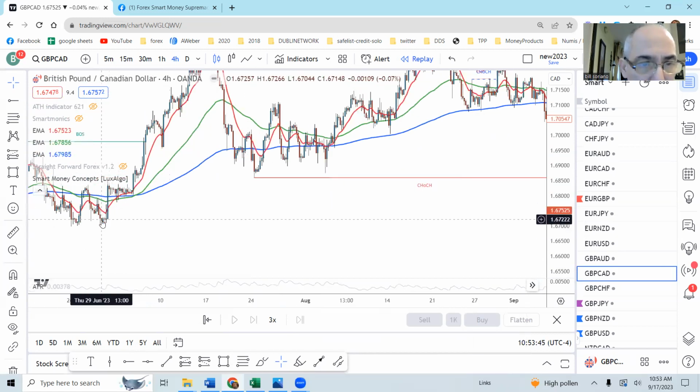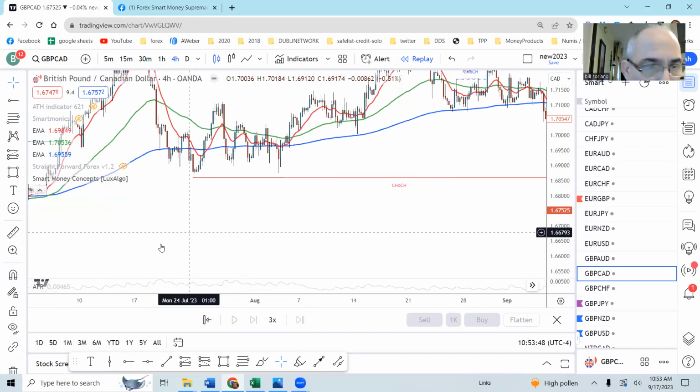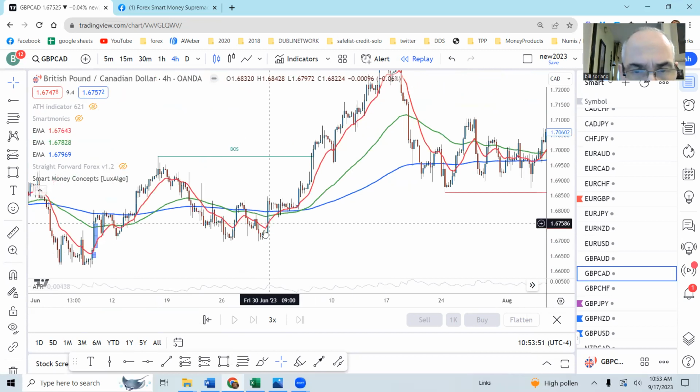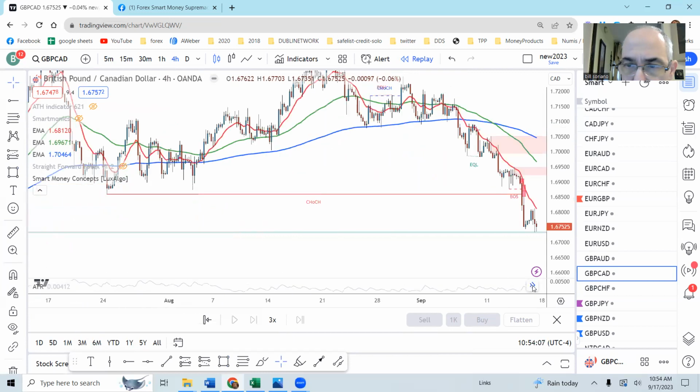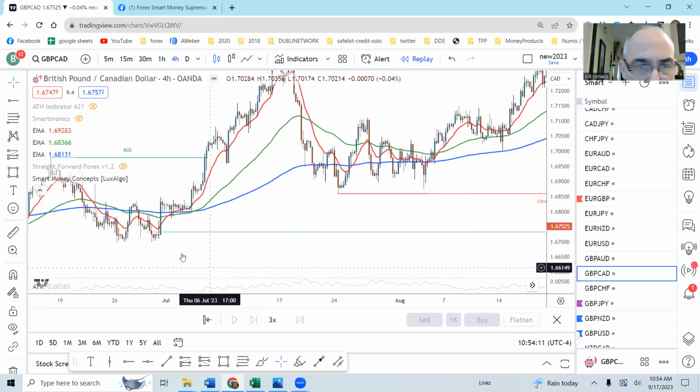So now we're going to come down a little bit lower here. We have this area right here. Same thing, we have a big engulfing candle there. This area here has not been hit.